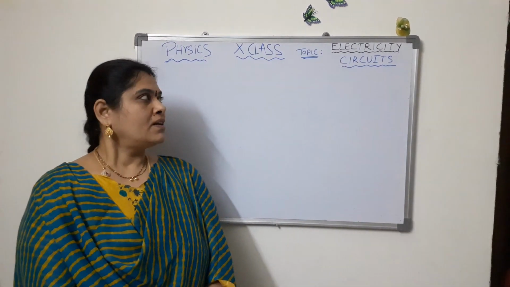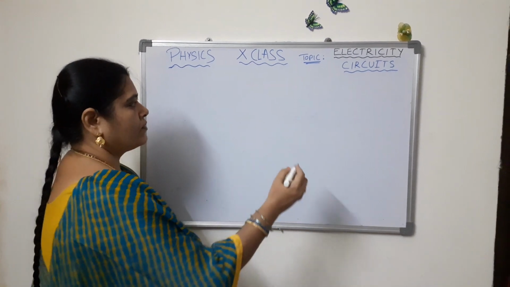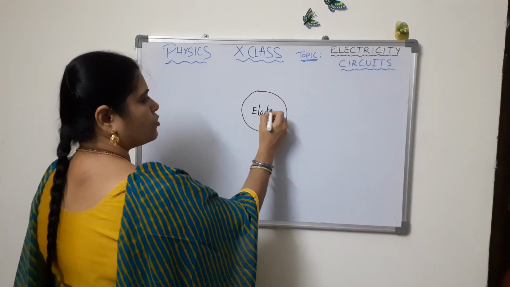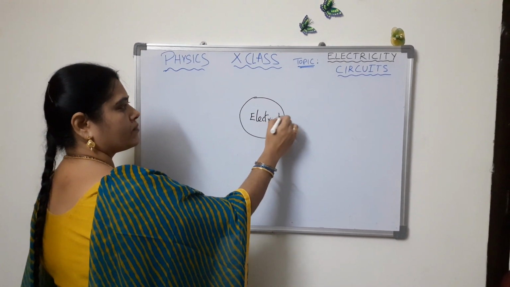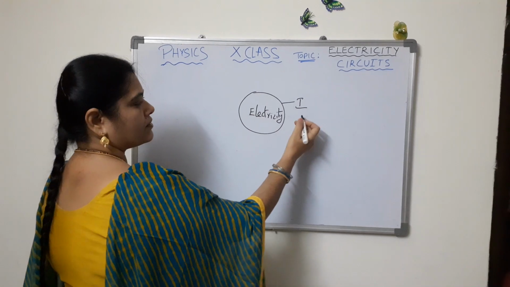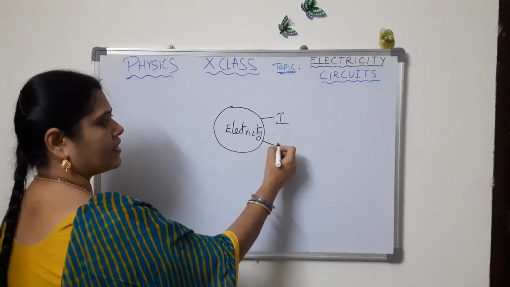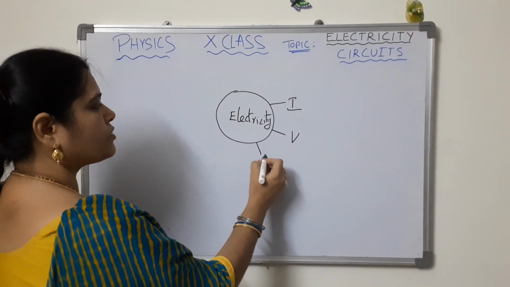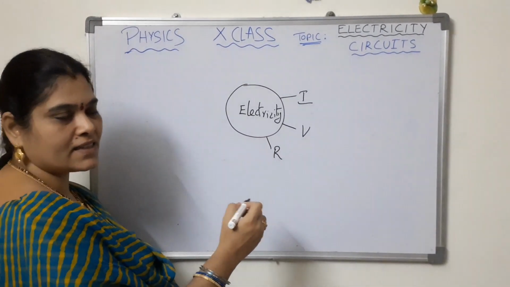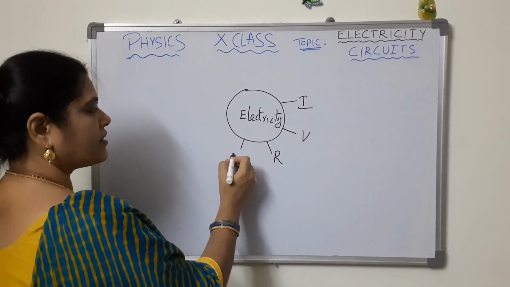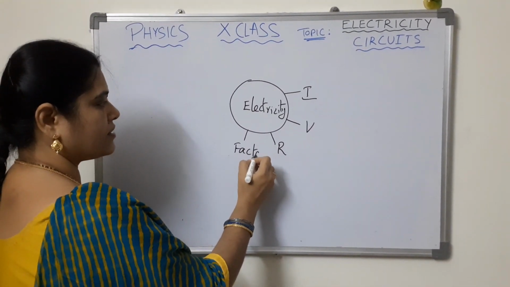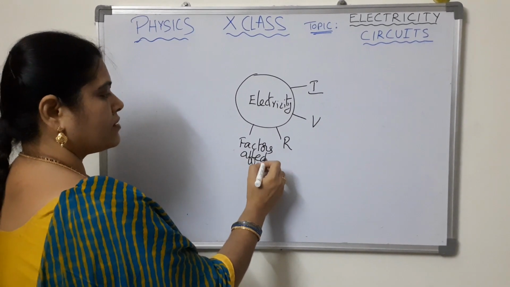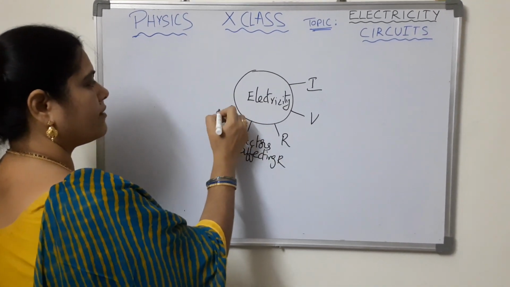Now you all know that in the electricity lesson you are familiar with the terms: current, denoted with the letter I; potential difference, V; resistance, R; factors affecting the resistance of the material; and Ohm's law.